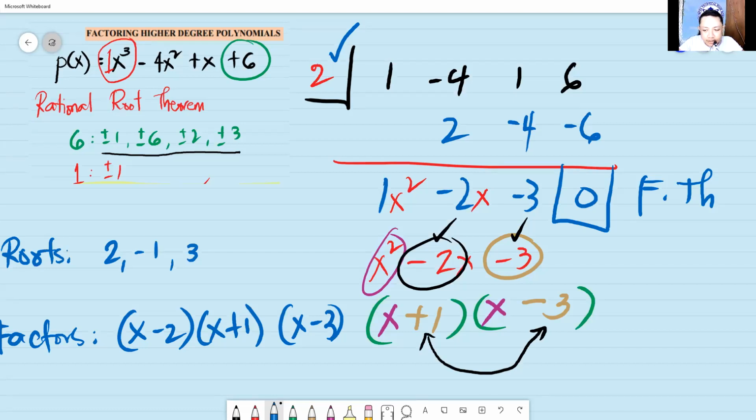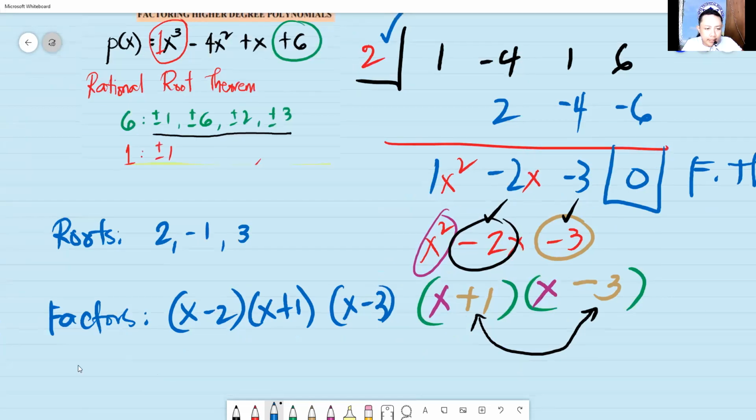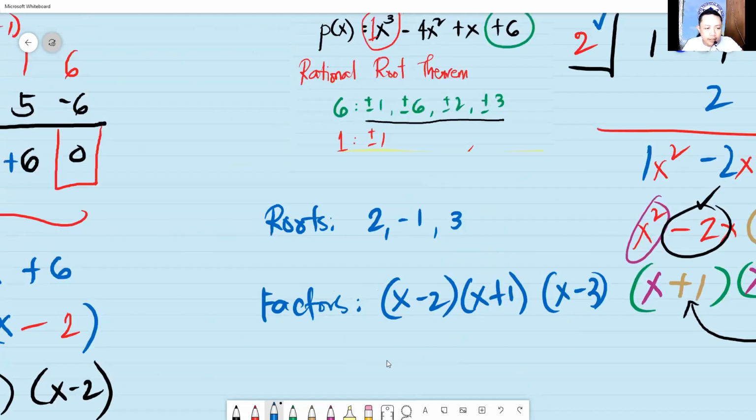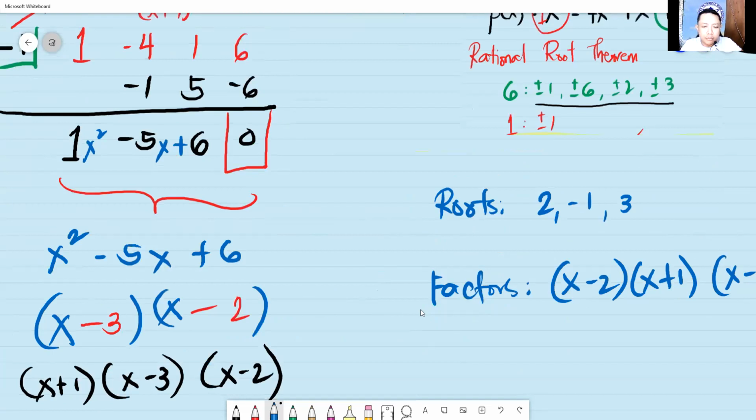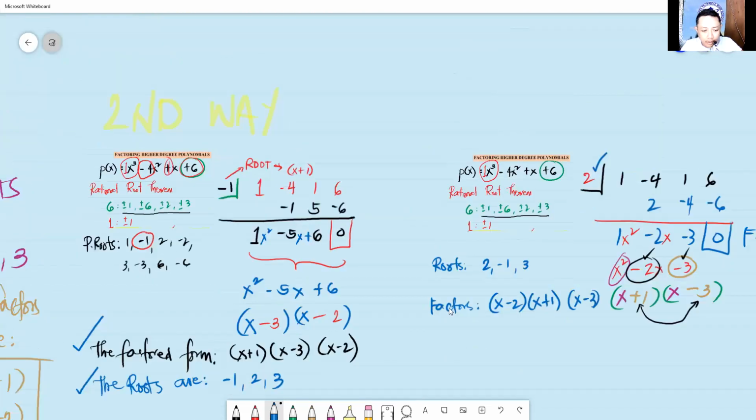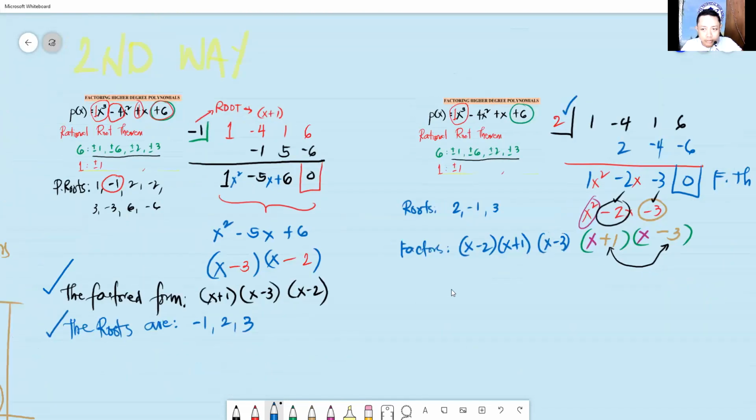Did we end up with the same answers even if we started with the different roots? Show a reaction, please. Yes, correct. Sir, hindi po pare-pareho. They are not the same. In here, the roots are, let me make them smaller. Di naman po sila pare-pareho, sir. Look at them.